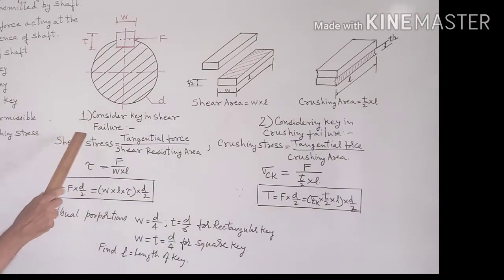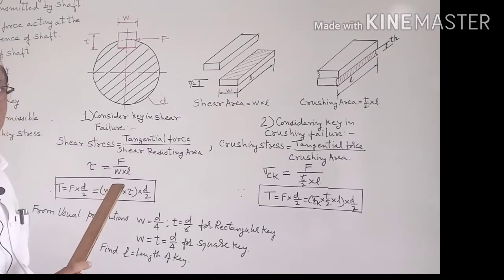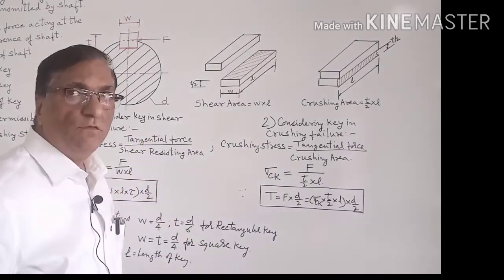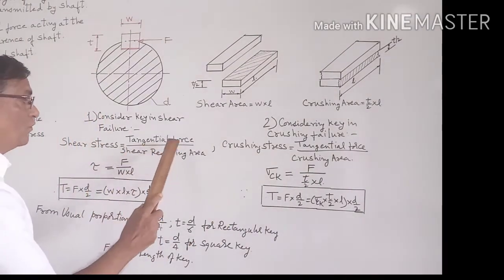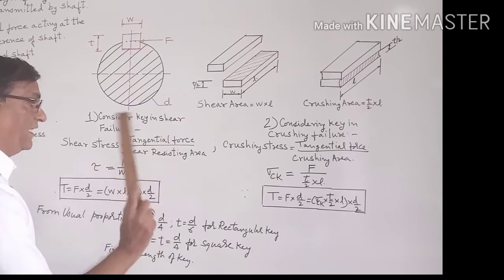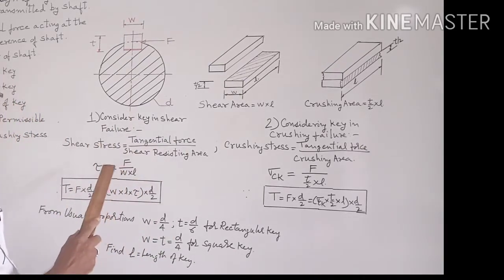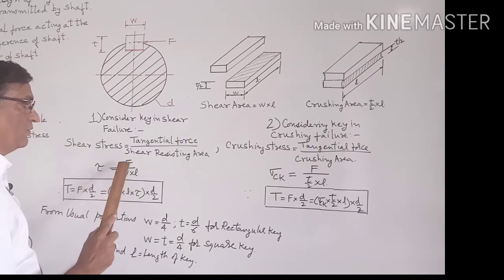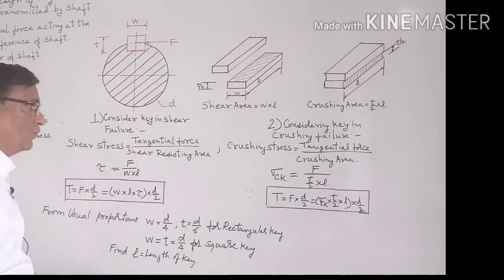Now we will consider the key in shear failure. We will form the strength equation in shear failure and in crushing failure. Shear stress is equal to tangential force upon shear resisting area. So this will form the strength equation in shear: shear stress tau is equal to F upon W into L, where F is the tangential force.